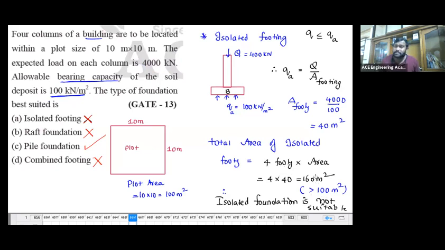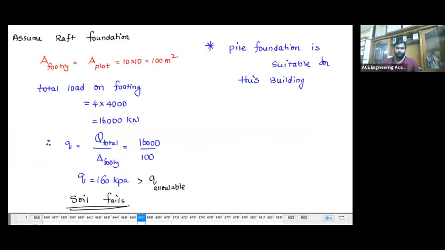Once isolated is not able to take that load, then I go for the raft foundation. For shallow foundations, the starting point is isolated, the extreme is raft.